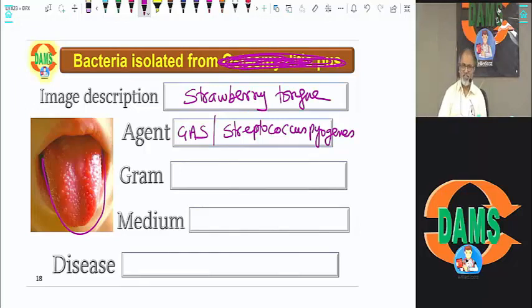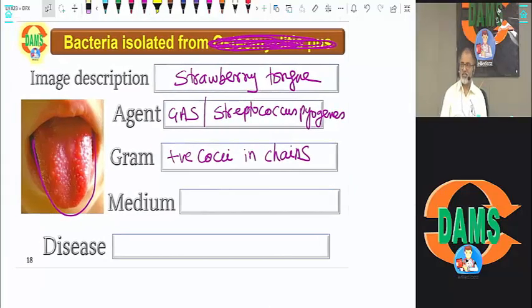What is the gram stain of Streptococcus? Gram positive cocci in chains. Arranged in chains. Always you should remember the selective medium, mandatory. What is the medium for Streptococcus?